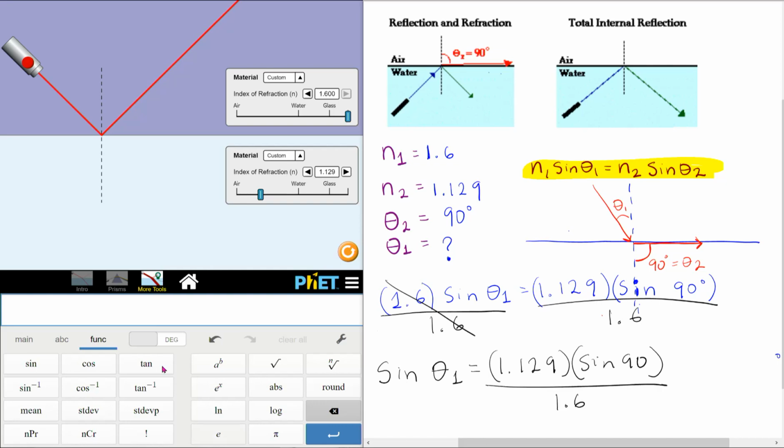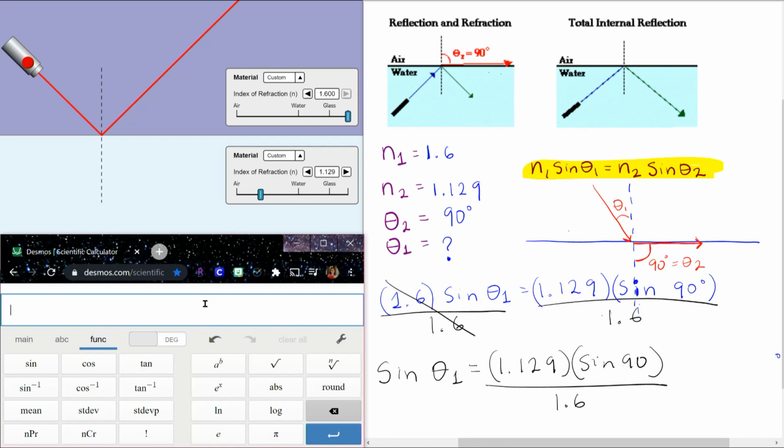On the calculator, I am going to put 1.129 times the sine. Make sure the calculator is in degrees, not in radians, or you're not going to get the right answer. Sine of 90.